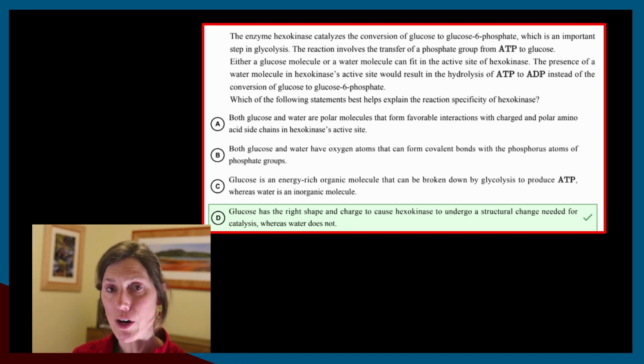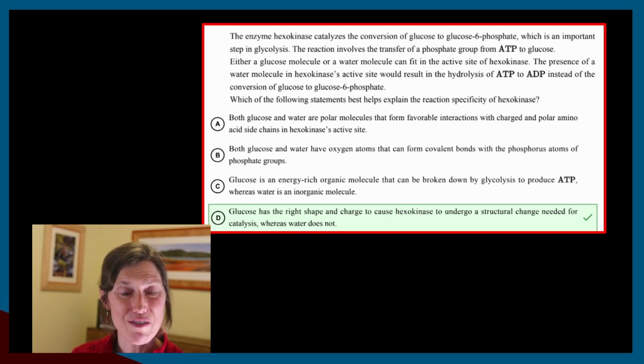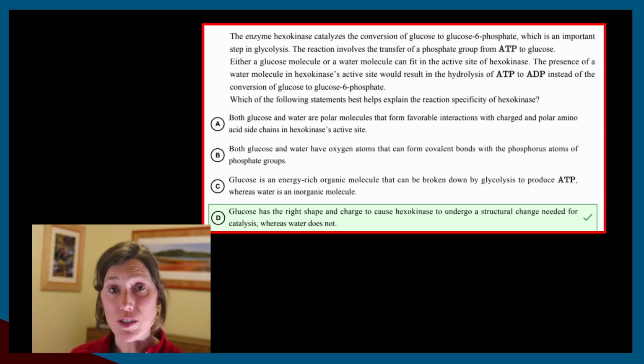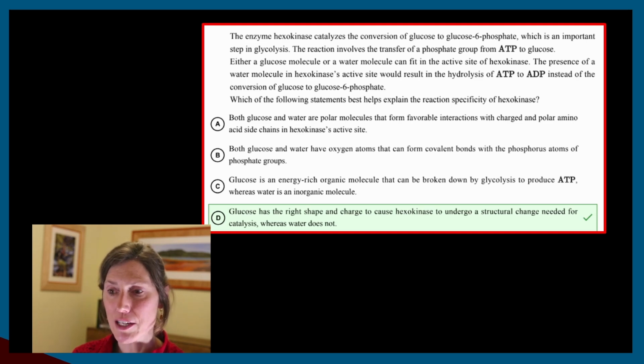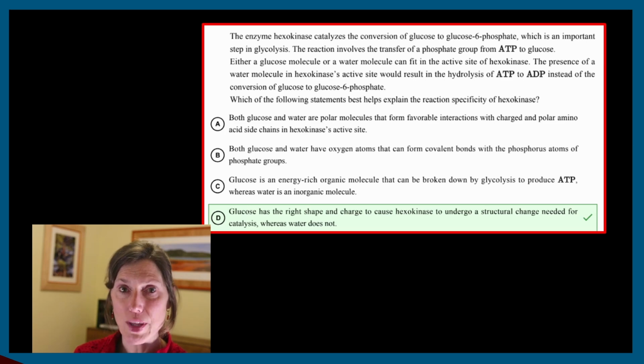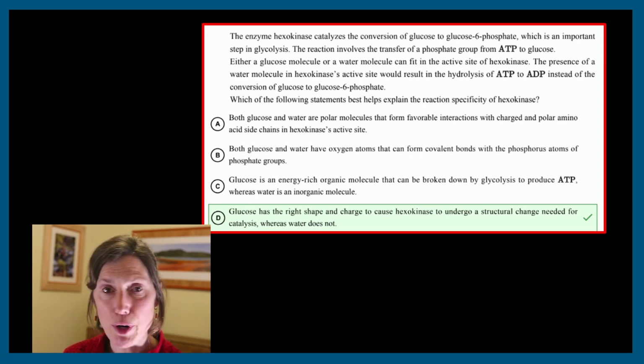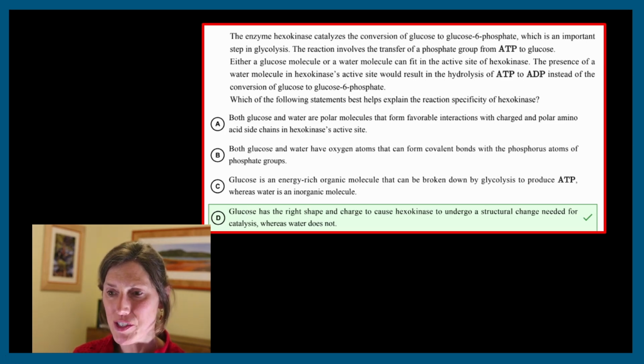This is better supported by experimentation than the lock-and-key model of enzyme-substrate interaction. So this induced fit, this structural change, is needed for catalysis, whereas water does not cause it. I hope that answers this question without going through the other 3 choices.